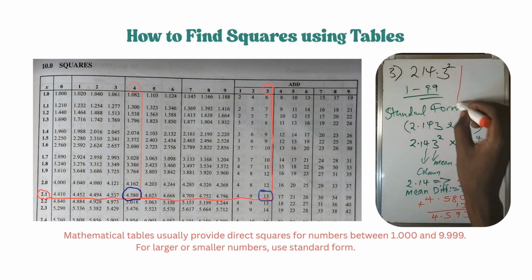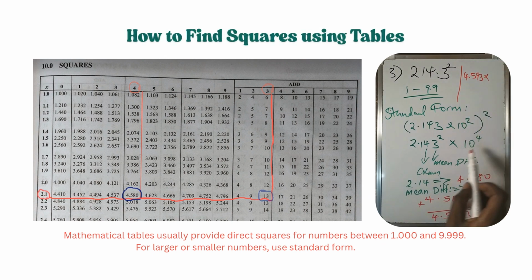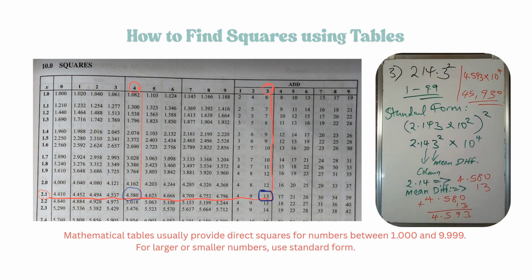Now we're going to multiply 4.593 times 10 raised to 4, and our answer will be 45,930.